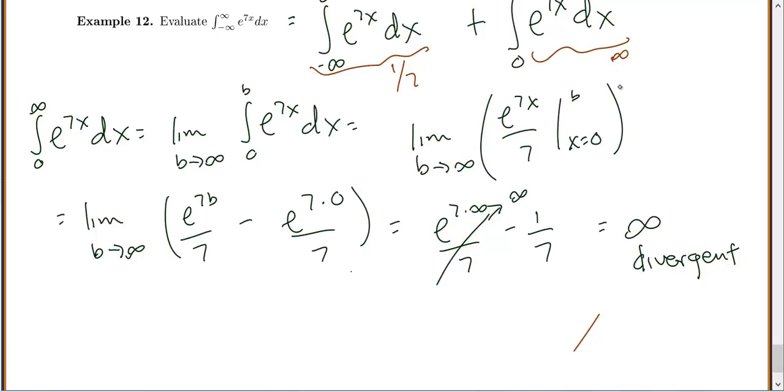We get back to, once again, just infinity. So because one piece was divergent, the entire thing is divergent. So the integral from negative infinity to infinity of e to the 7x dx is divergent. One piece converged, but one piece diverged, so the entire thing now diverges, because if you try to add 1/7 and infinity, you still get back to infinity.